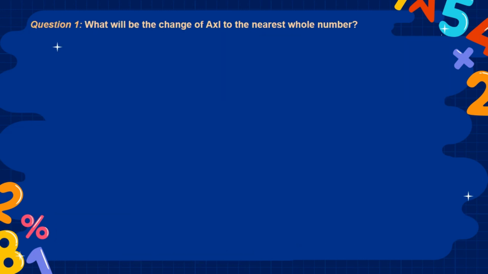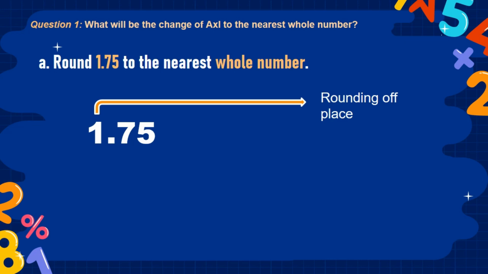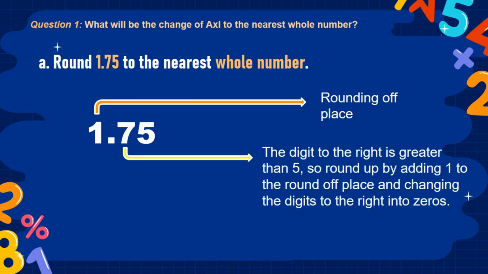Let's answer question number 1. What will be the change of Axel to the nearest whole number? Axel's change is 1 peso and 75 centavos. Therefore, we are going to round 1 and 75 hundredths to the nearest whole number. One is the rounding off place. The digit to the right, which is 7, is greater than 5.